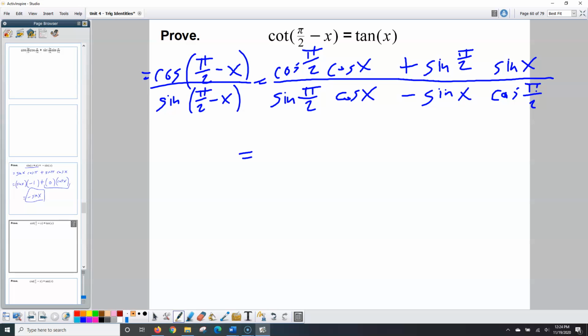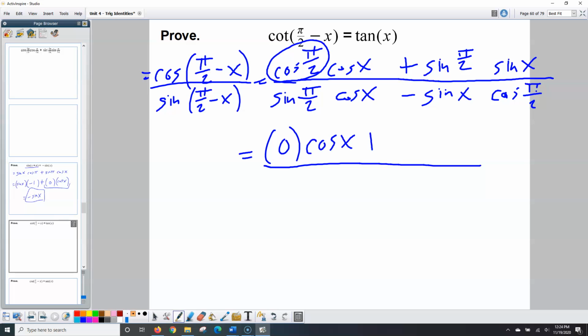All right, so the cosine of pi over 2, right here, that's 0, I think, times cosine of x, plus the sine of pi over 2 right here. The sine of pi over 2 is 1, that's the y value, times sine of x.